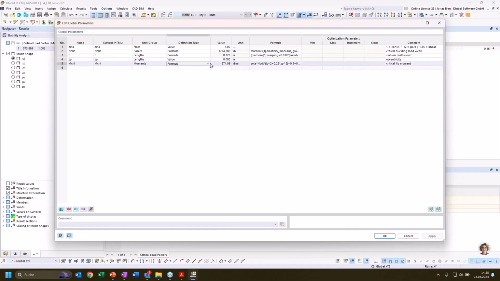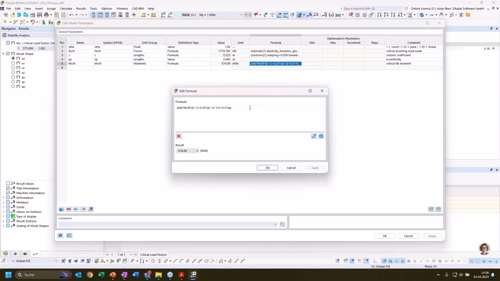For example, I have now created a formula for the evaluation of Mcrit, and we can look at what goes into it. Maybe this looks somehow familiar to you. So here we have a parameter that describes the moment distribution, which is zeta. It's 1 in this case for this simple case with uniform bending.